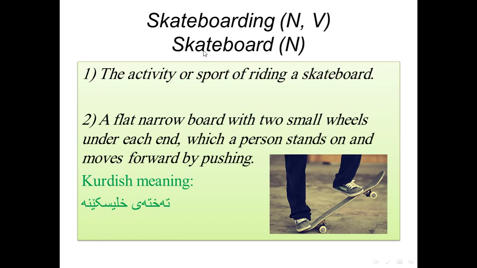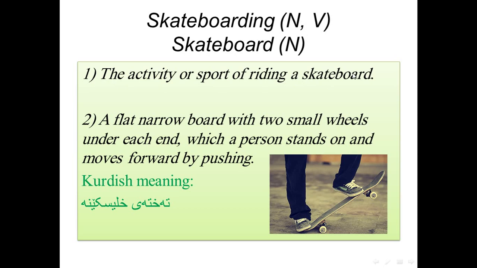Yes, another vocabulary in this lesson is skateboarding. Skateboarding, actually, can be a noun or a verb. Here we have a skateboard, it's a noun. So here we have two different word forms, noun and verb. Let's read their definitions. The definition for the first one is the activity or sport of riding a skateboard.